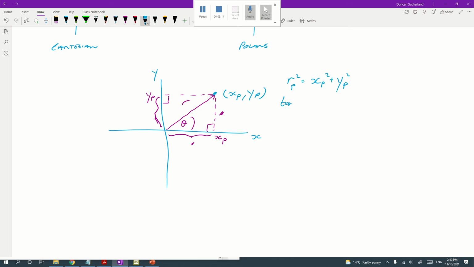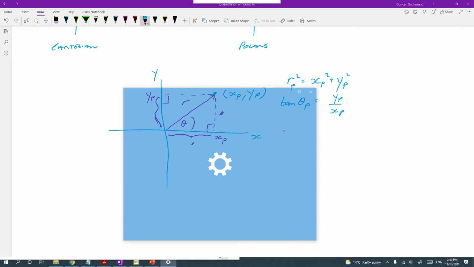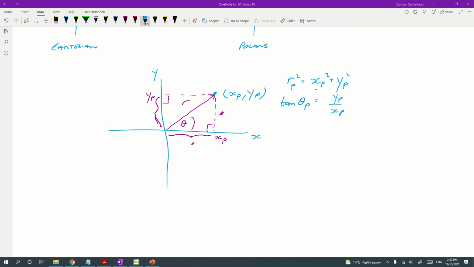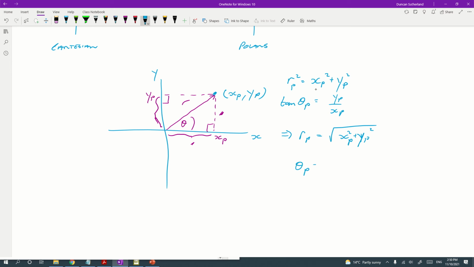So we know that tan thetaP equals yP on xP. This gives us the two relations: rP equals square root of x squared plus y squared, and thetaP equals the inverse tangent of y on x.